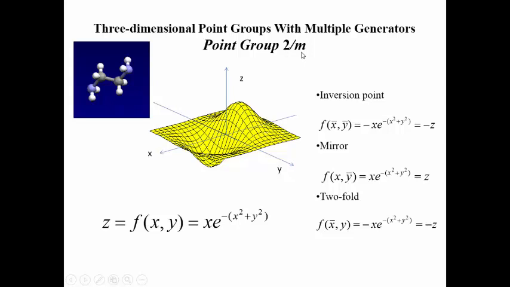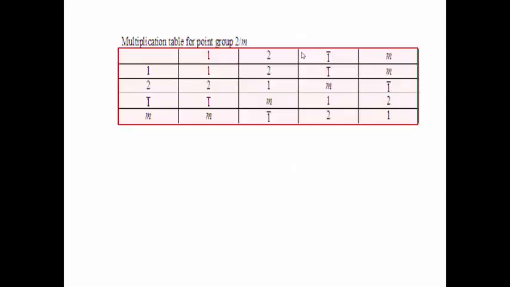We have a lot of places we can apply these point groups to. Here's the multiplication table for 2/m. You're going to look up in the appendix for 2/m, and you're going to see the x, y, z can be translated into the identity matrix.